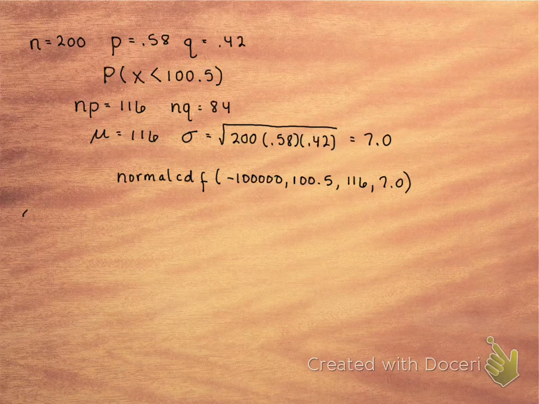And the area to the left of 100.5 is 0.0134. That is obviously an unusual event. Easy stuff.